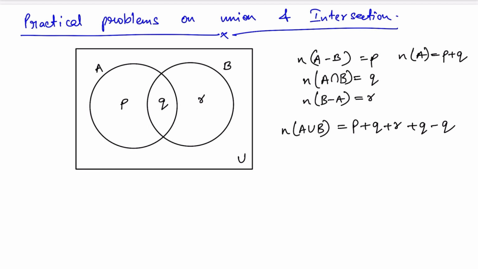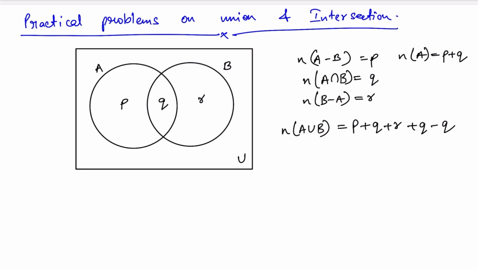Yes, add q and subtract q. I repeat, there was a mistake. So we have added q and subtracted q. Also, there is no need to rearrange it, so it is in the form.